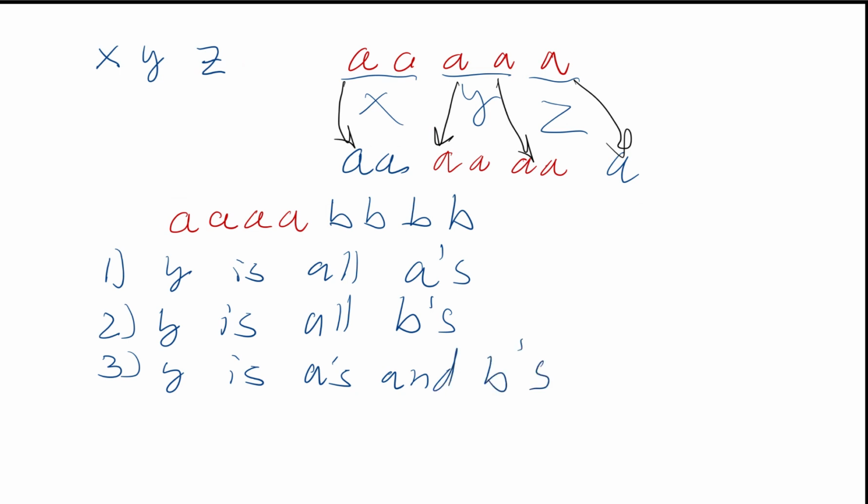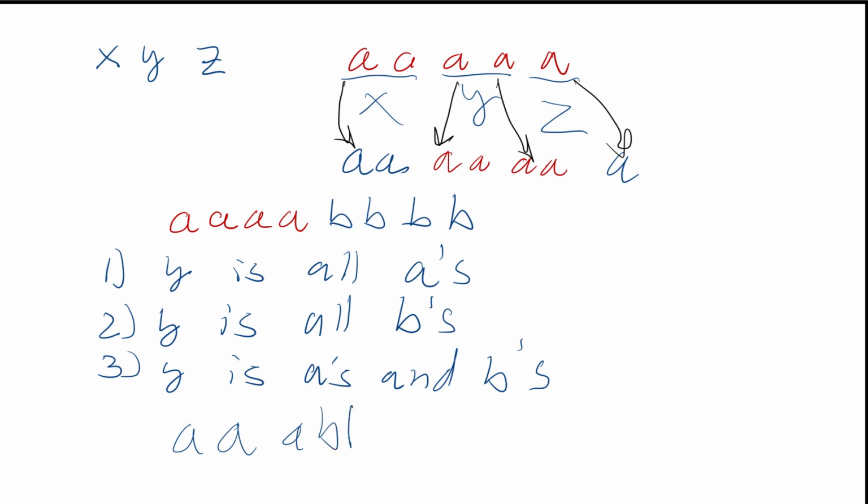Okay, now that we've made all of those choices, when we pump it, if it's all A's, then we're going to have more A's than B's, and that word is not going to be in the language. When we pump it with B's, same reason, there'll be more B's than A's, and that won't create more words in the language. If it contains A's and B's, that means it's this part right here, and that means that our word is going to kind of get messed up.